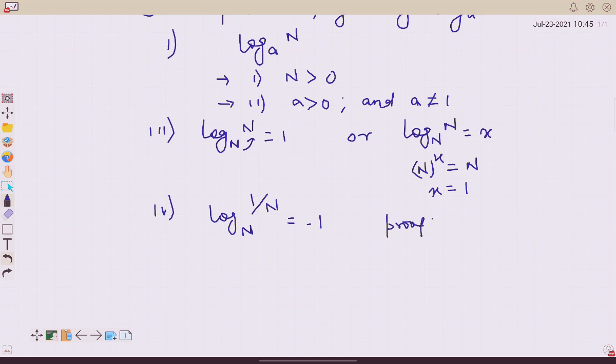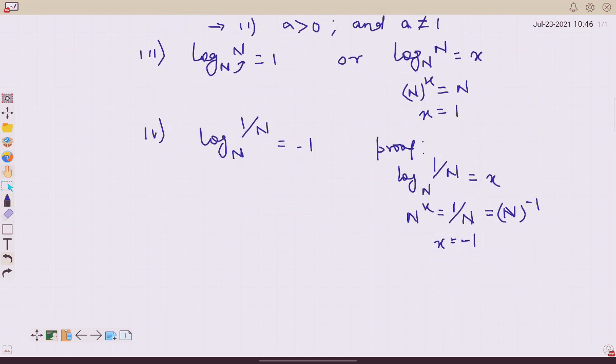Proof: let this complete value be x. Log 1 upon n and base n is equal to x. So we can write n raised to the power x is equal to 1 upon n, or we can write n raised to the power minus 1. So we can compare and the value of x is equal to minus 1. So we can find the value of log by first changing to the exponent form, and you can easily find the value. So these are all some basic values.